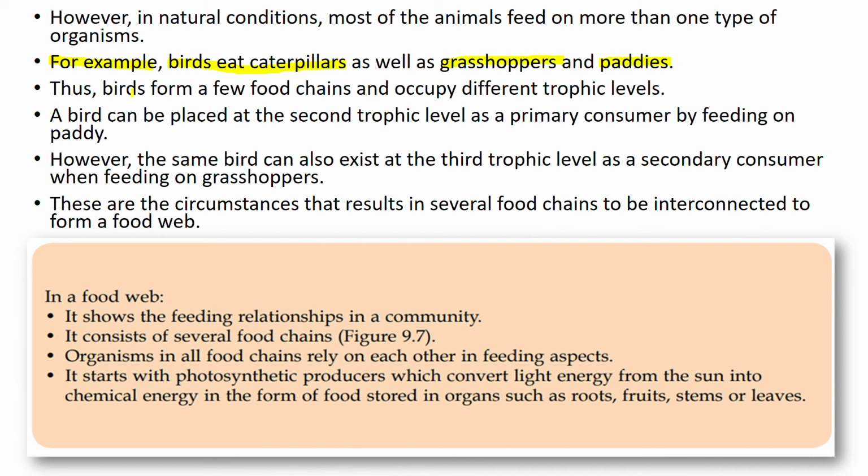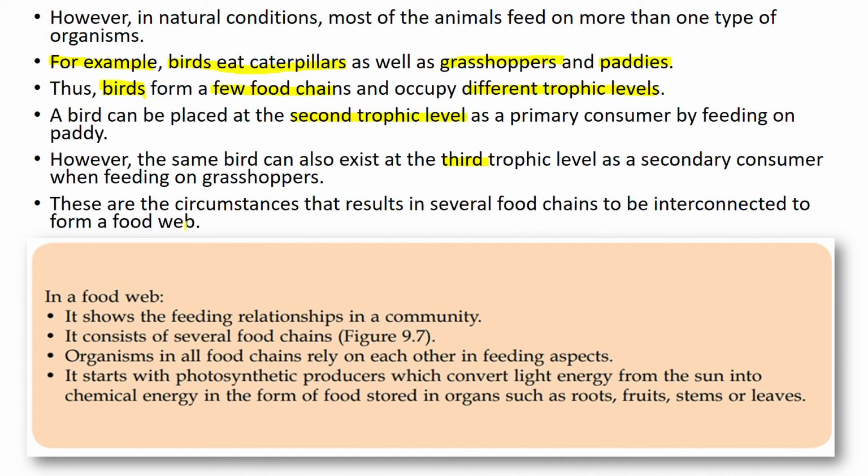Maksudnya, it depends lah, because these birds, they are not involved only in one relationship. Bermaksud burung ini dalam rantai makanan yang berbeza, they might be at different trophic levels. So a bird can be placed at the second trophic level as primary consumer by feeding on paddy. But the same bird can also exist at the third trophic level as secondary consumer when feeding on grasshoppers.